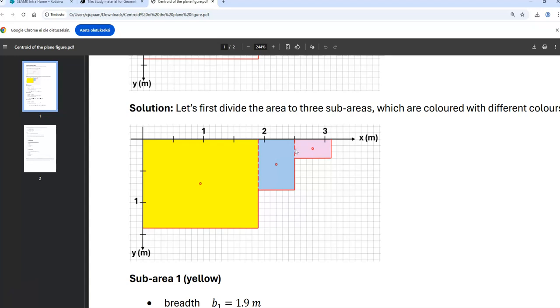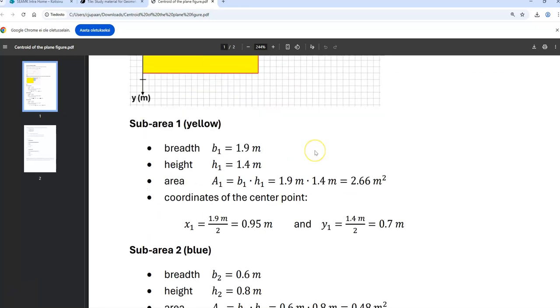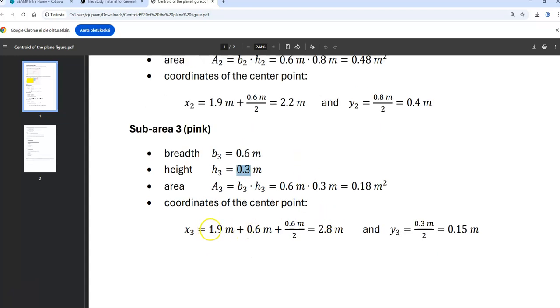It is 2.5 meters, if we sum the breadths of these two first figures, first was 1.9 and the second was 0.6. 1.9 plus 0.6 equals 2.5, and as we see here, we are actually at the border of that pink figure. And then we add half of the breadth of that third figure, and here we can see what I did.